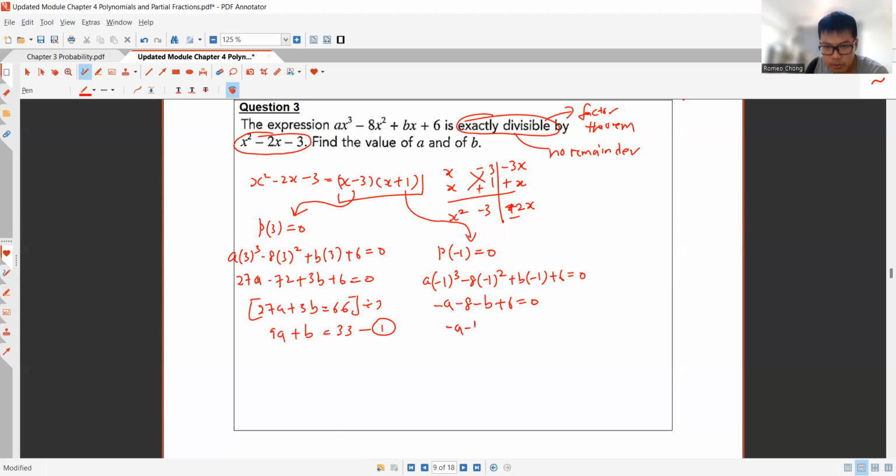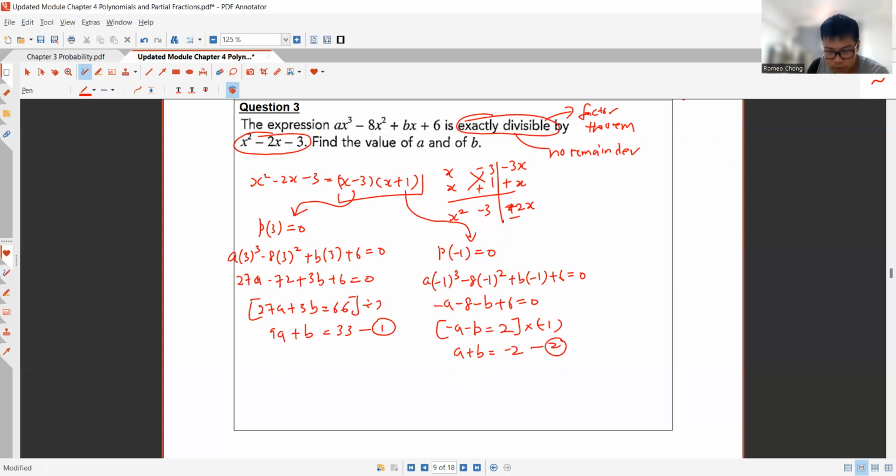So negative a minus b equal to, negative 8 plus 6 is negative 2, so moving to the other side is 2. What I will do is multiply the whole thing by negative 1 to make it positive. So I get a plus b equal to negative 2. This is your equation 2.